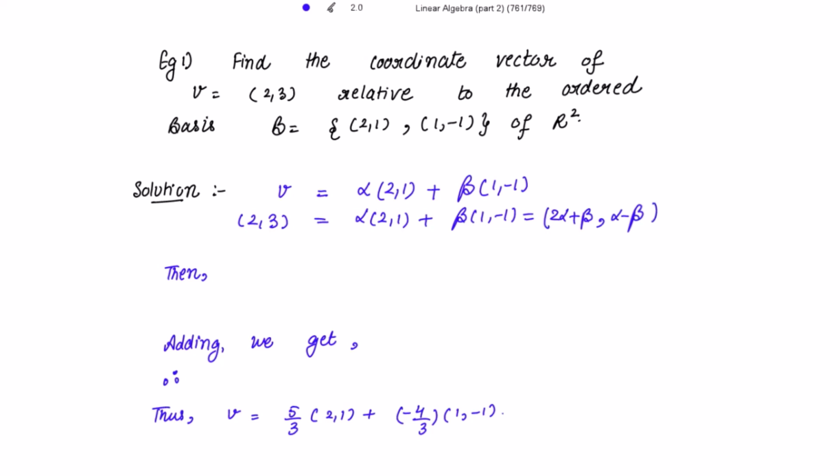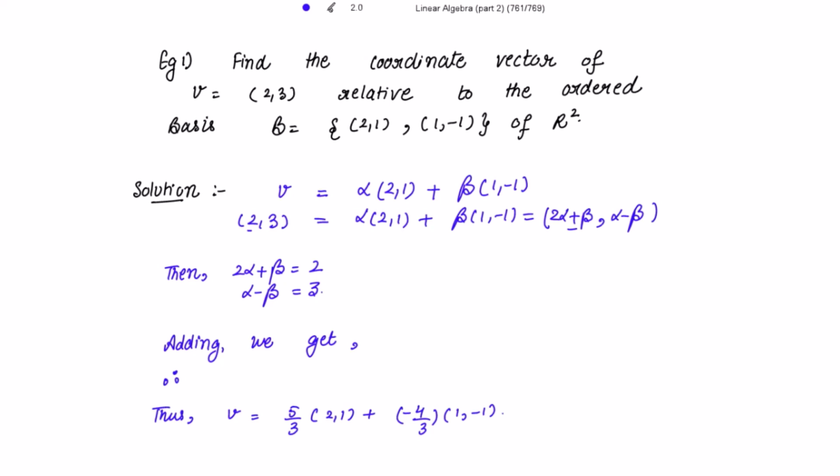Right? So now equating the first element, you get 2 alpha plus beta is equal to 2. Then equating the second one, you get alpha minus beta is equal to 3. We have to calculate the values of alpha and beta, right? That is why from here we can get the coordinates and then we can write our coordinate vector.